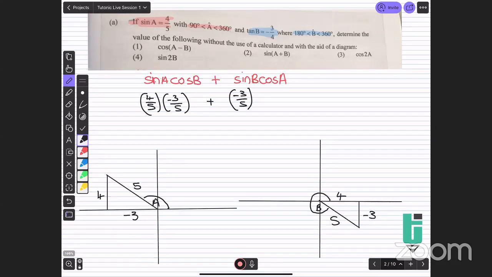Sorry, I made a mistake there. Sine A is 4/5 and cos B is 4/5. And sine B is -3/5 and cos A is also -3/5. Do you guys notice that? Yeah. So what does that mean? So what's the answer? 16?